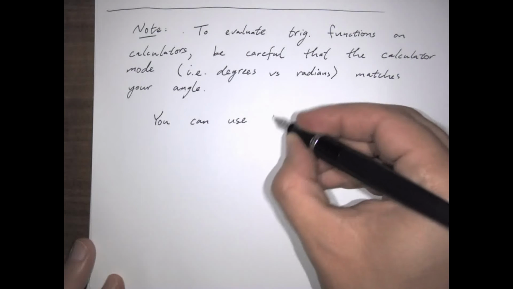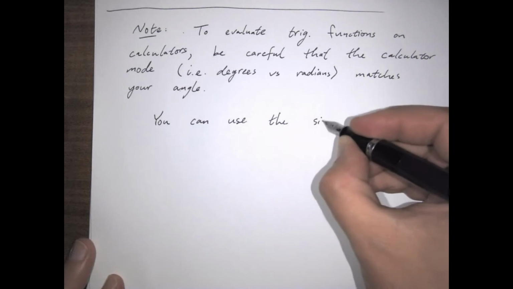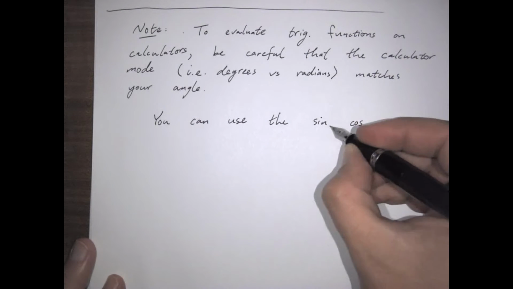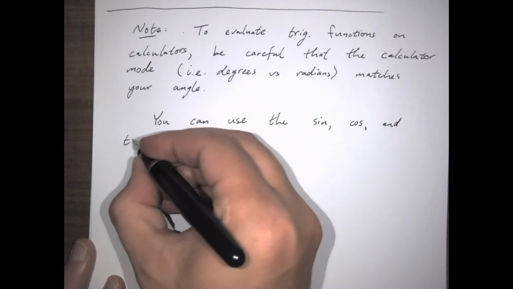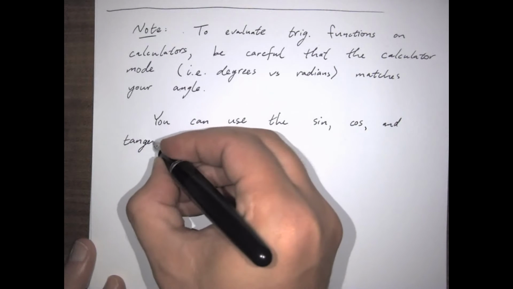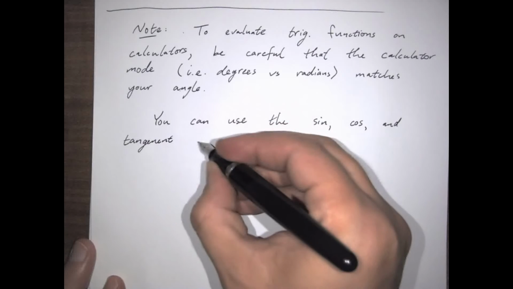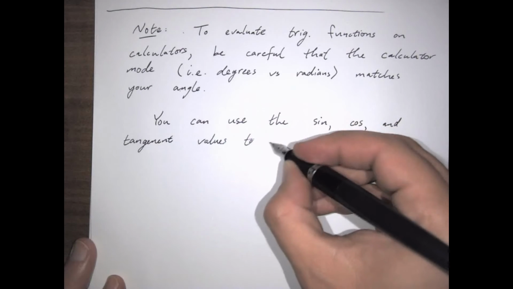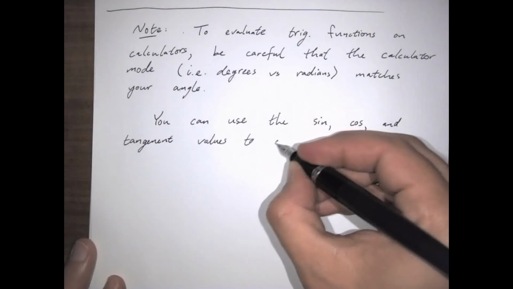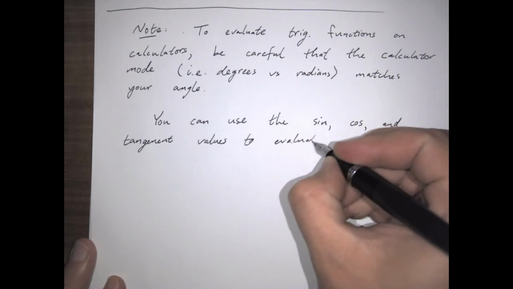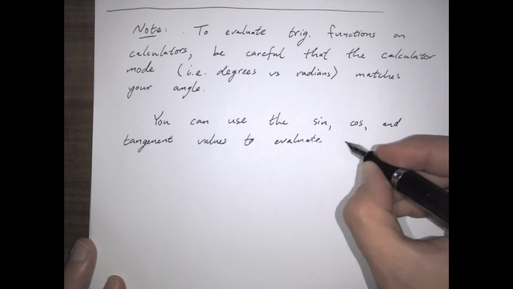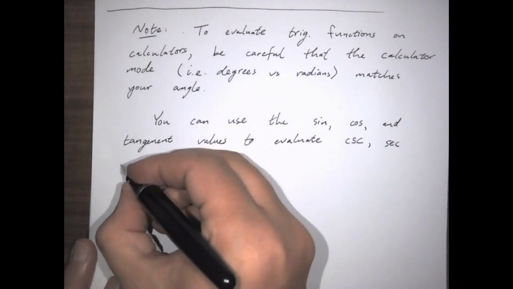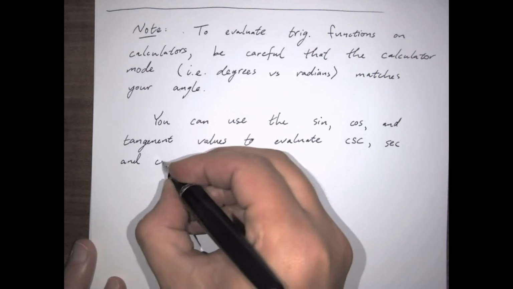You can use the sine, cosine, and tangent values to evaluate cosecant, secant, and cotangent.